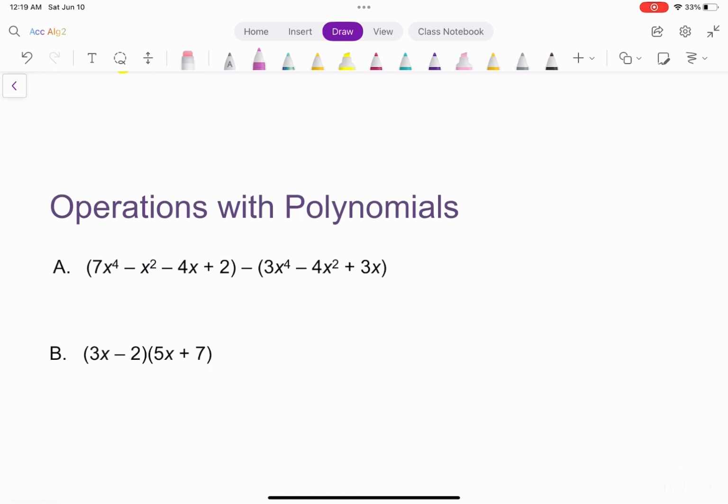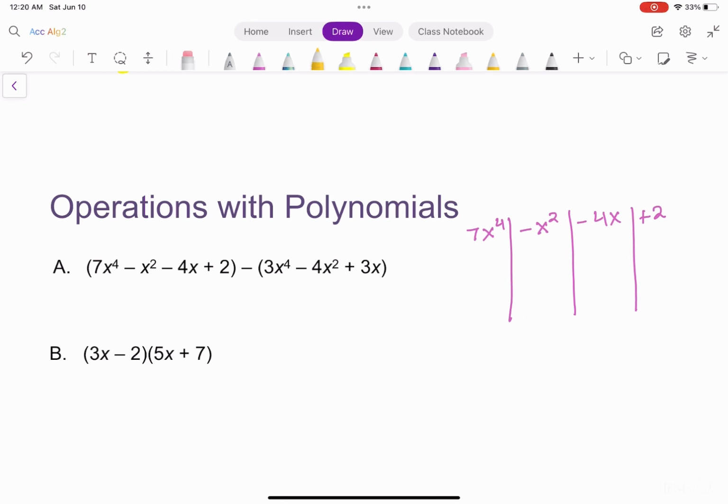Now, operations with polynomials. It is just combining the like terms, because in the first case we are talking about subtraction. When we are combining the like terms, in my experience, I have seen students are able to calculate more accurately when they write in the vertical format.